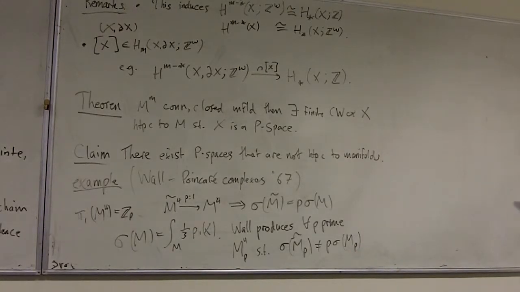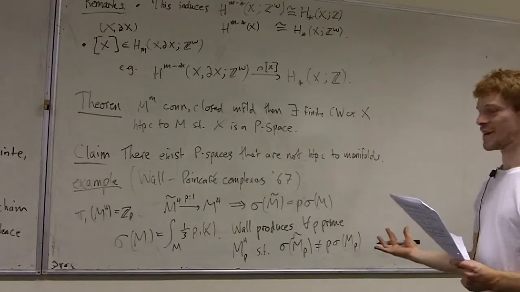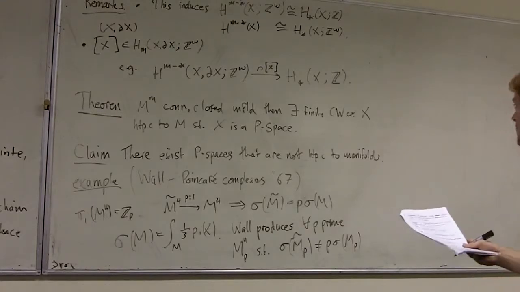And like I say, I think you should look this up, because this is the final thing in quite a long paper, and he has to build up the whole paper to express this. So it's going to take a while.